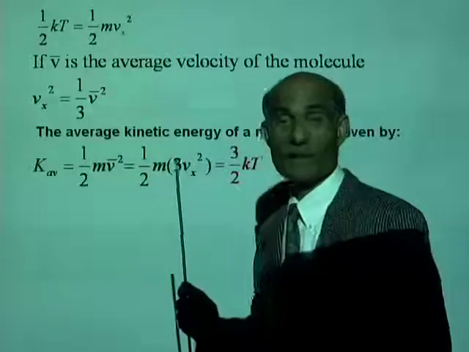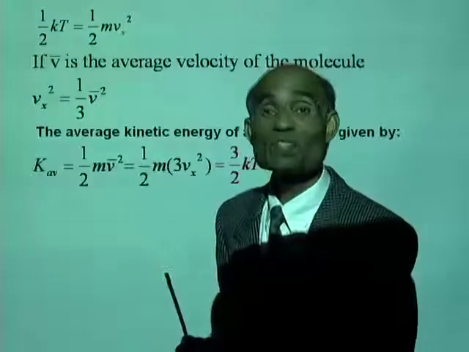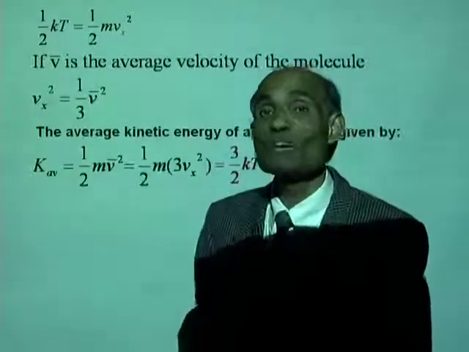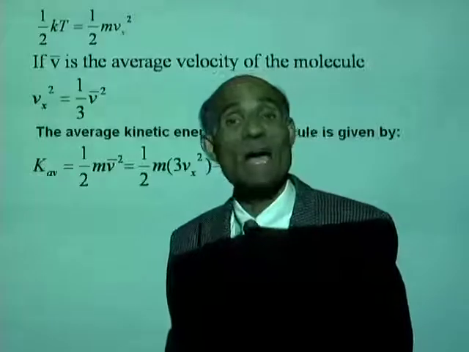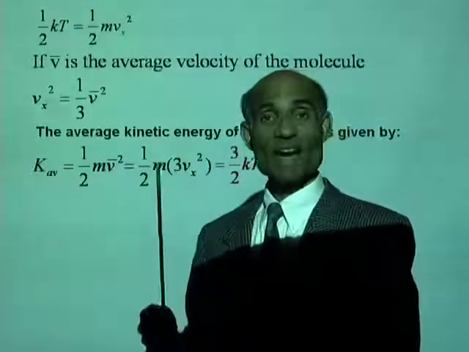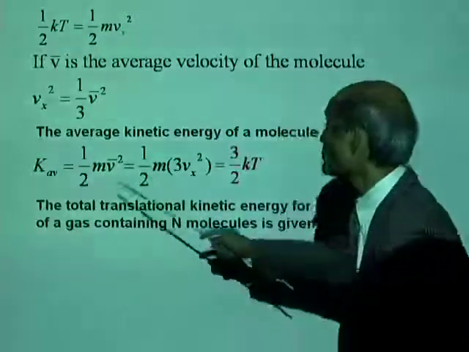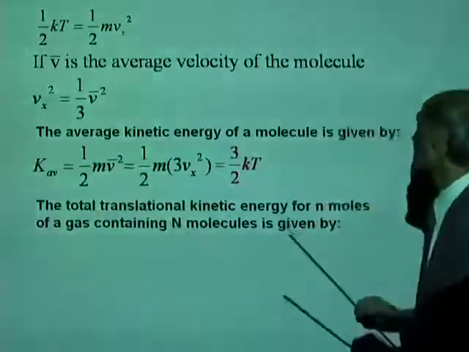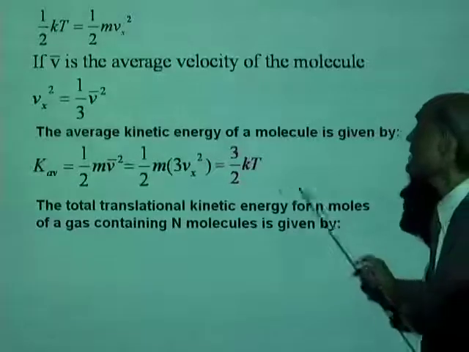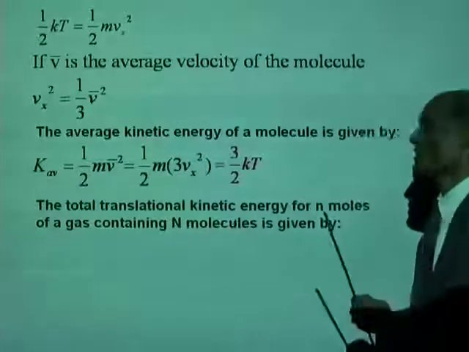Don't forget that. I will ask you that about 2 classes from now. The energy of a molecule per degree of freedom is 1/2 kT, where k is Boltzmann constant and T is the absolute temperature.